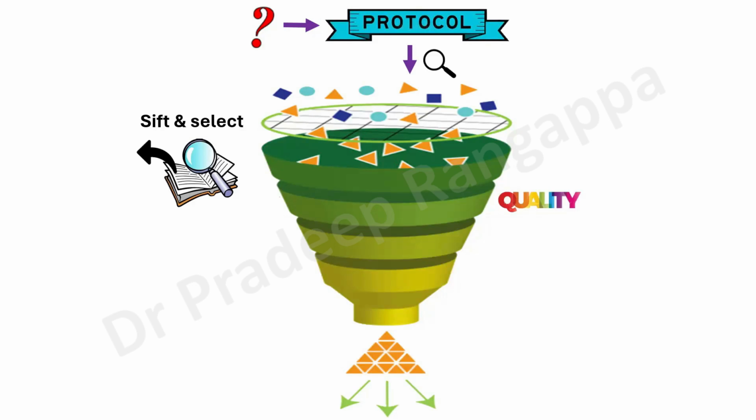Whilst we extract the data from the selected studies, it is imperative and important to look at the quality of the studies that we have taken. Even when we do meta-analysis, it has to be taking all oranges together or apples together rather than putting everything into one basket.